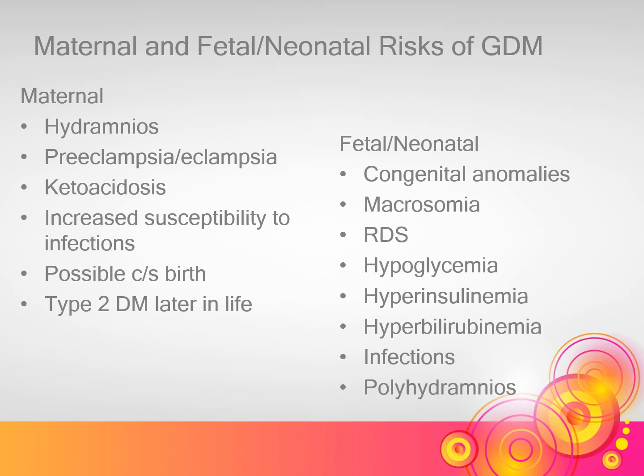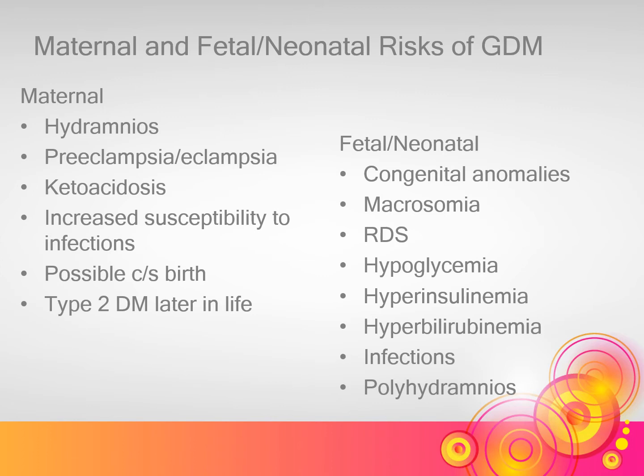Preeclampsia and eclampsia. This can occur especially if there are vascular changes, okay? And these vascular changes would be related to diabetes. This would be a severe form or somebody that had pre-gestational diabetes, mostly.